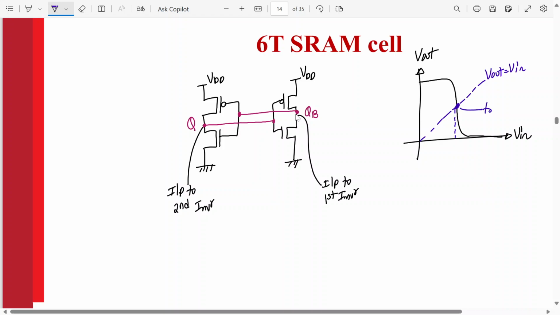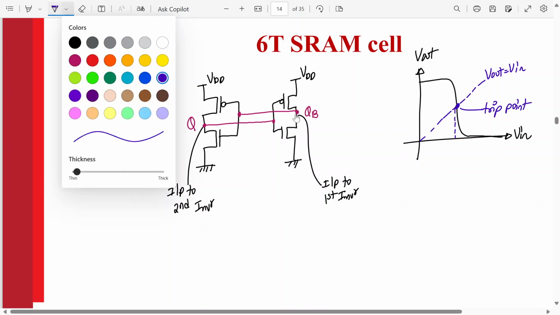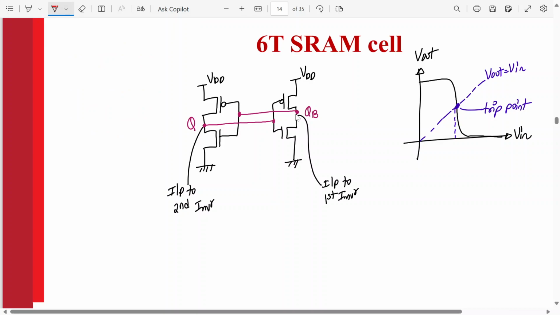Yes or no? At the trip point, Vin is equal to Vout. To the left-hand side of this point, what is the relation between Vin and Vout? Your Vout is greater than Vin. Yes or no? And on the right-hand side of the trip point, I have Vout less than Vin.